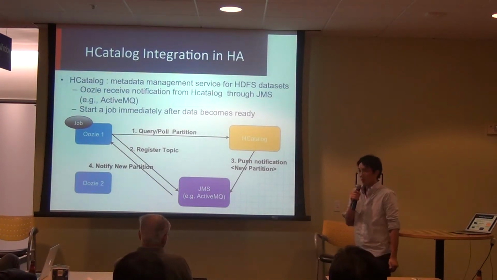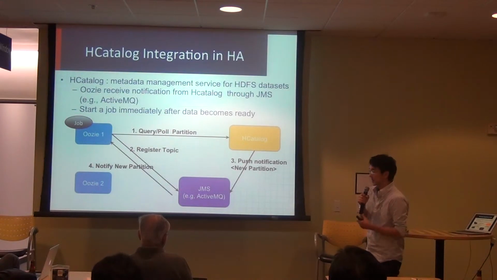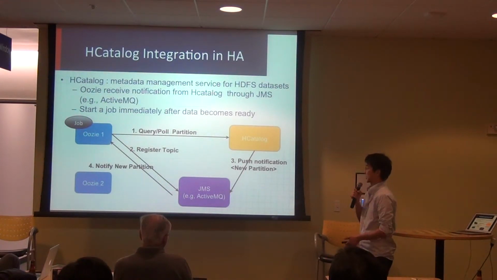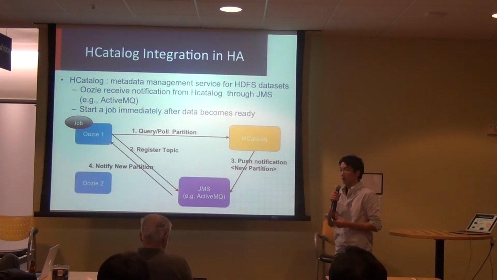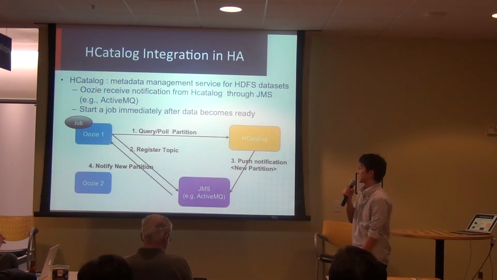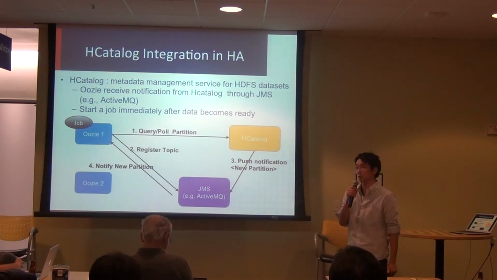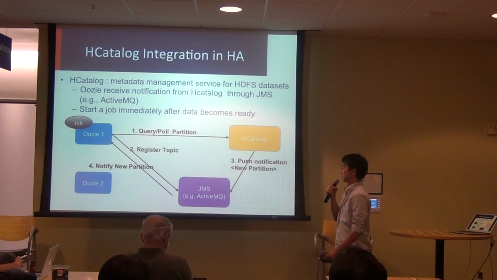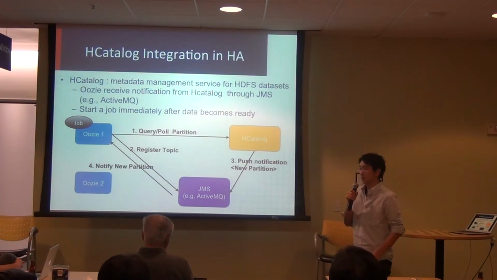One good thing about H-catalog is that it can publish notifications when data is registered to it. And then Oozie can consume those notifications through JMS, a messaging service, such as ActiveMQ or RabbitMQ or other implementations. Because of this, Oozie can start a workflow job immediately after data becomes ready.